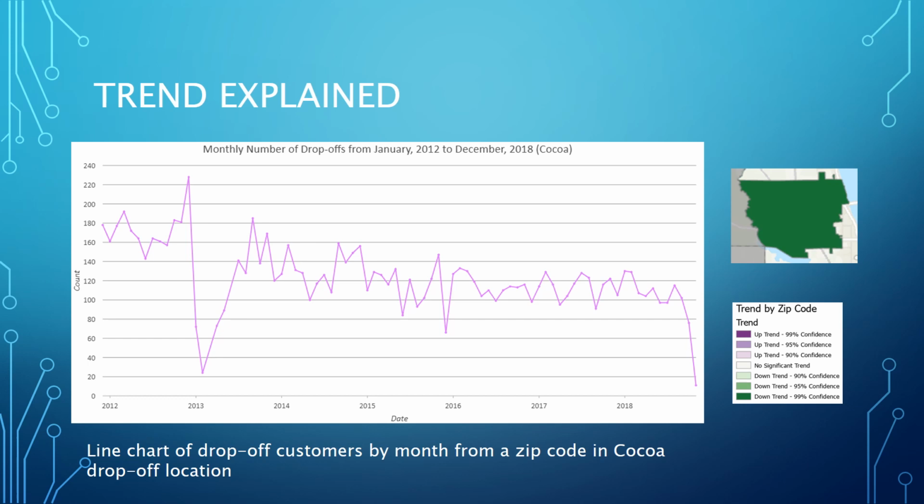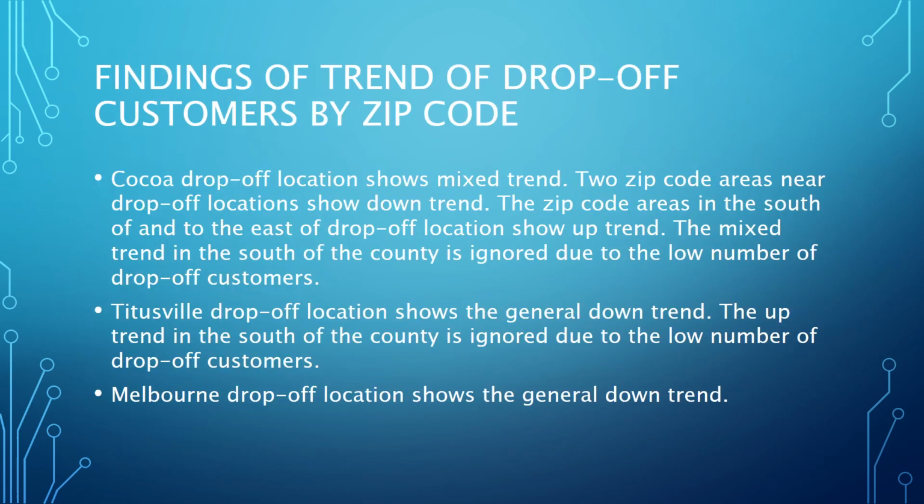You can see from the chart that the number of drop-offs from 2012 all the way to 2019 shows the general downtrend. This is how the tool figures out if a zip code area over a time period is a downtrend or uptrend. And these are the major findings of the trend of drop-off customers by zip code.